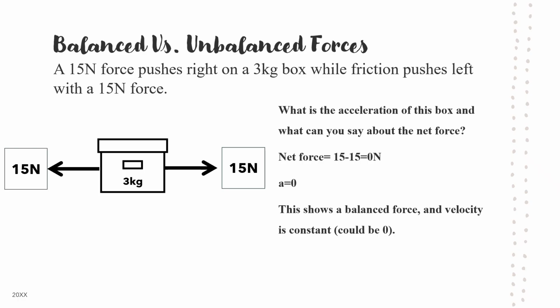So if I was to push on this box to the right with a 15 newtons force, and the force of friction of the surface that the box is sitting on is pushing back with the equal amount of force, what happens? We are going to look to see what the acceleration of the box is going to be and what can we say about the net force.